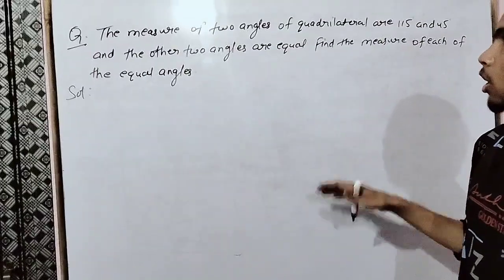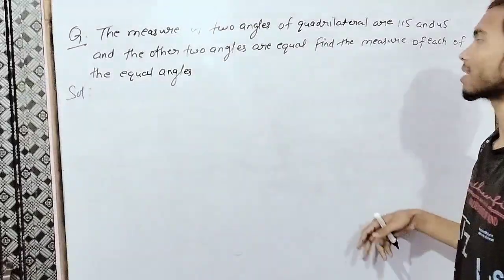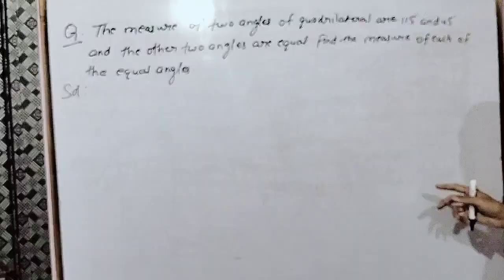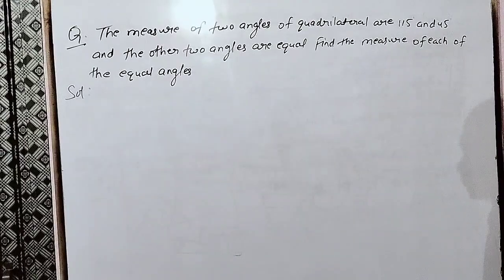The measure of two angles of a quadrilateral are 150 degrees and 45 degrees. The value of one angle is 150 and the value of the second angle is 45. This is given. And the other two angles, the two left to make a quadrilateral, are equal.